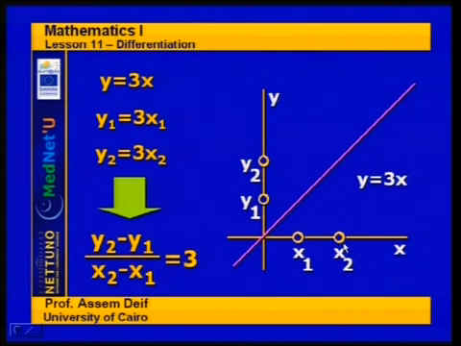Or 9 minus 6 divided by 1, the interval of time in which it increased from 6 to 9, again gives 3. So this 3 represents the rate of change of this function, and in this situation it's a constant. It does not jump from one rate to another. It increases at a constant rate.